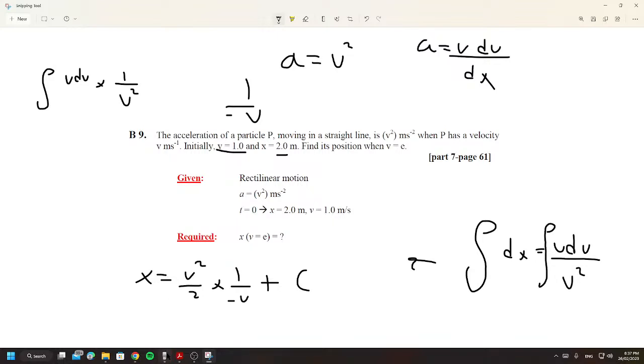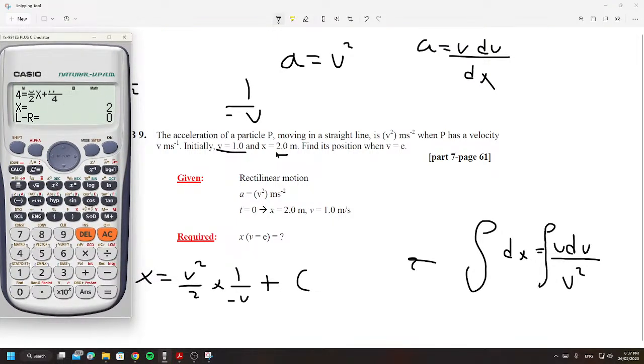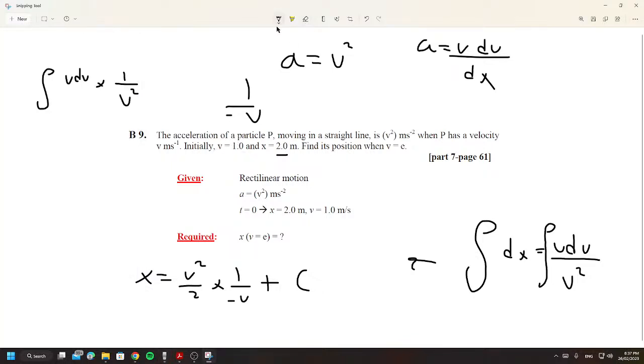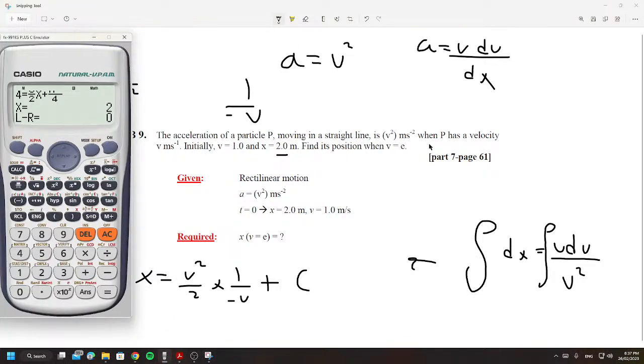So they told us initially v is equal to 1 and x is equal to 2. So we can try to find c from that. So x is equal to 2 equals v squared over 2 times 1 over negative 1 plus c.